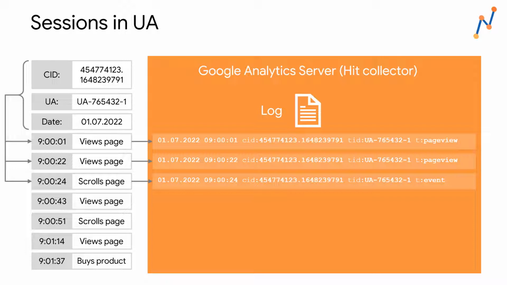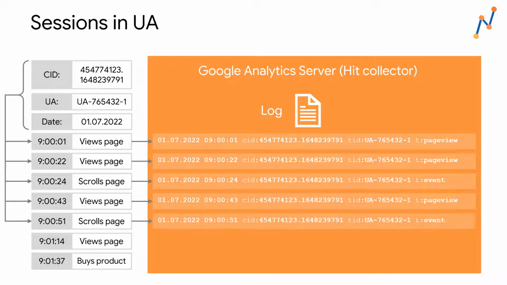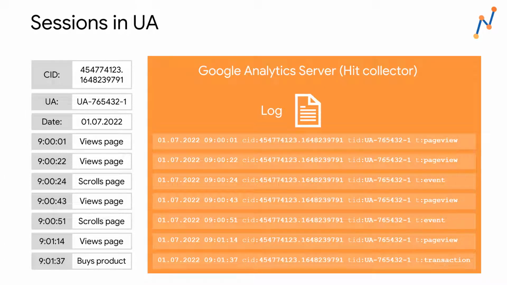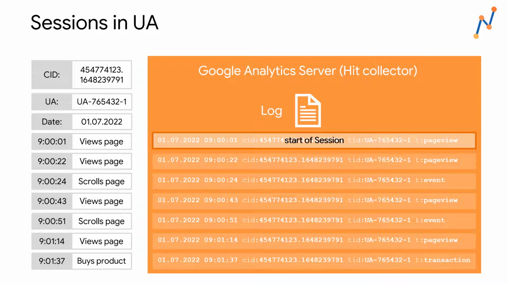The same happens to all other page views and events. Only the last interaction is a bit different. When the user has purchased the product, this will be sent and stored as a transaction. Obviously, the first entry here is the start of the session, while the last entry marks the end of the session. But how does Universal Analytics know when a session starts or ends?